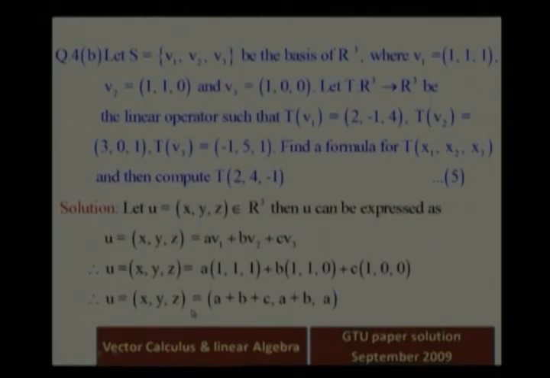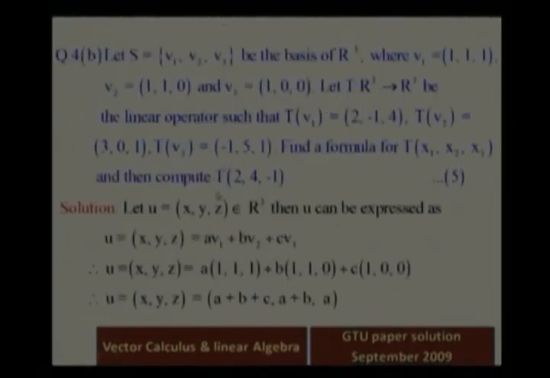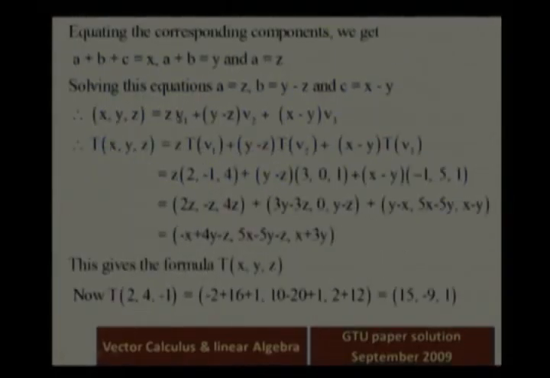So A is equal to z, A plus B is equal to y, right? And A plus B plus C is equal to x. Put the value of A in the second equation, we get B is equal to y minus z, and put the values of A and B in the first equation, we get C is equal to x minus y.